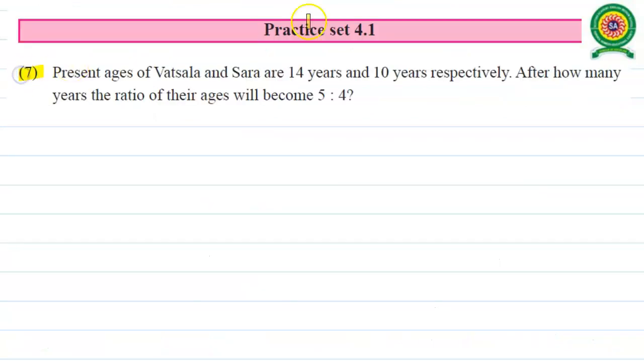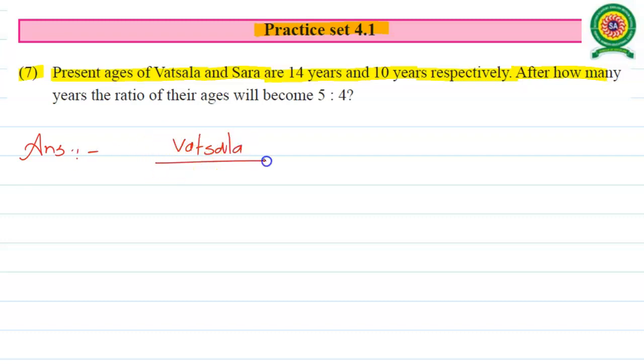Look at question number 7 from practice set 4.1. Present ages of Vatsala and Sara are 14 years and 10 years respectively. So now in the answer, I am writing the present age of Vatsala to that of Sara. That means in terms of the ratio, 14 years old Vatsala and 10 years old Sara.